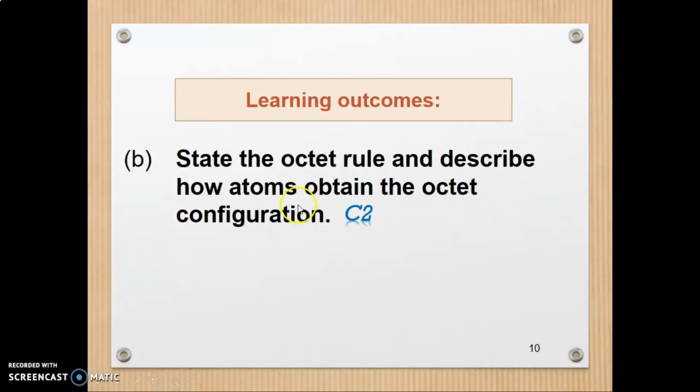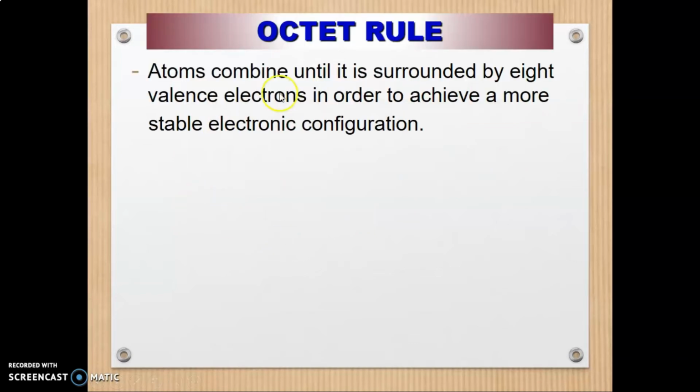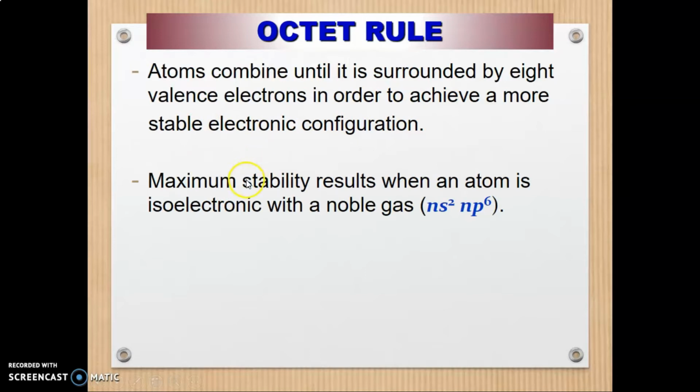Next, our objective is to state the octet rule and describe how atoms obtain the octet configuration. Octet rule: atoms combine until they are surrounded by 8 valence electrons in order to achieve a more stable electronic configuration. Maximum stability results when an atom is isoelectronic with a noble gas.